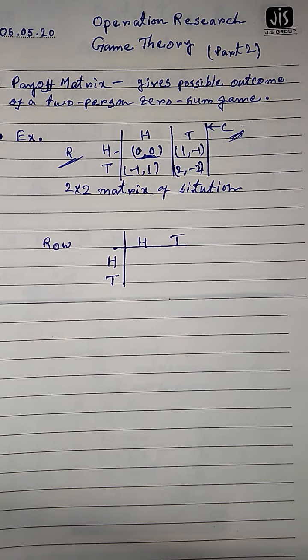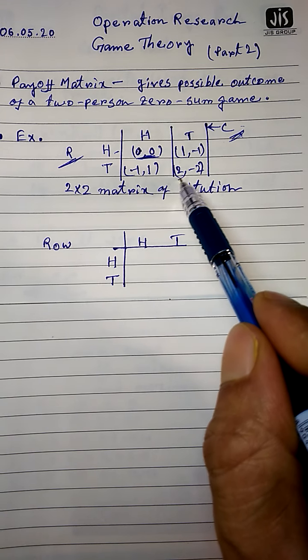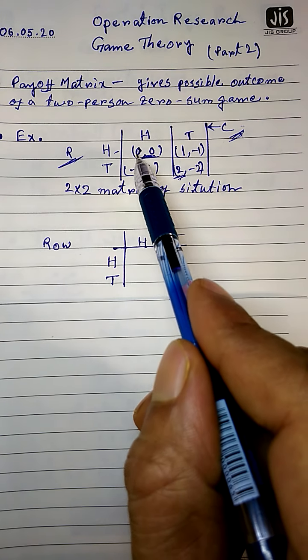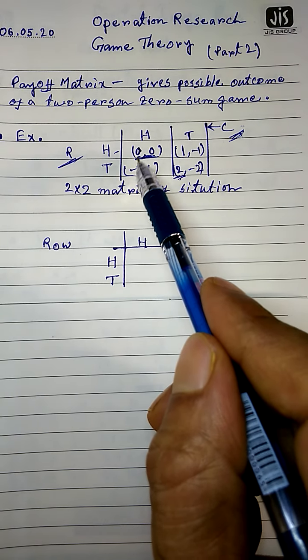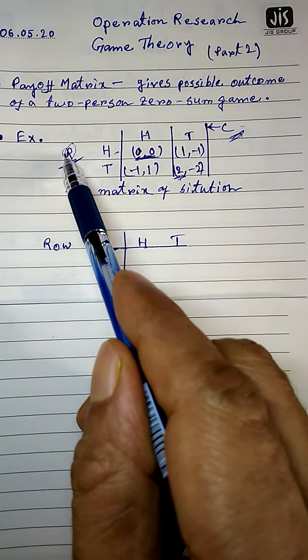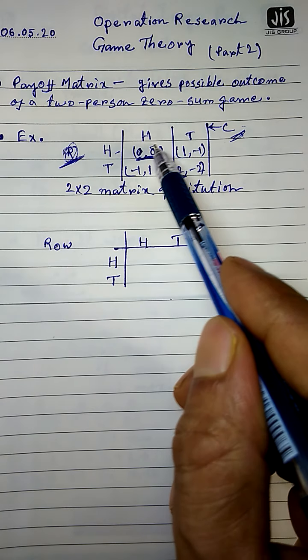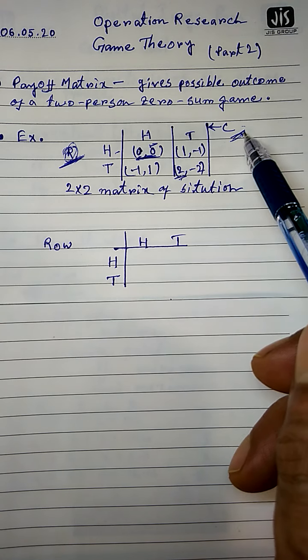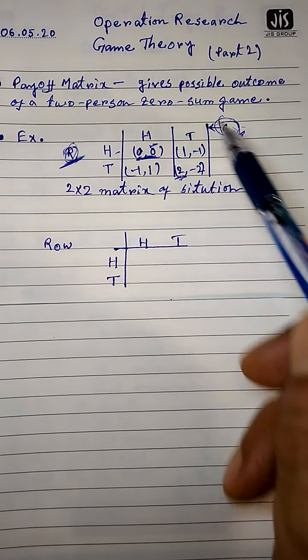If both show tails, then person C will give person R rupees 2. In the first coordinate, I will represent the gain or loss of person R, and in the second the loss or gain for person C.